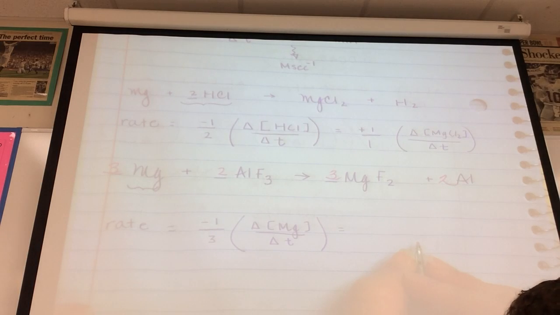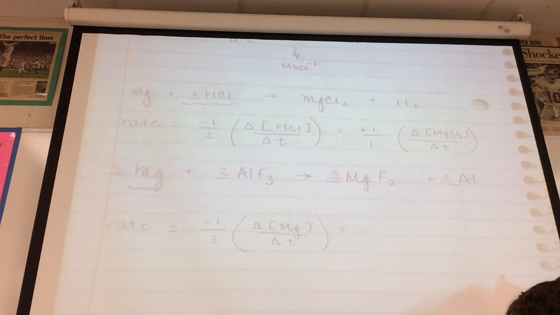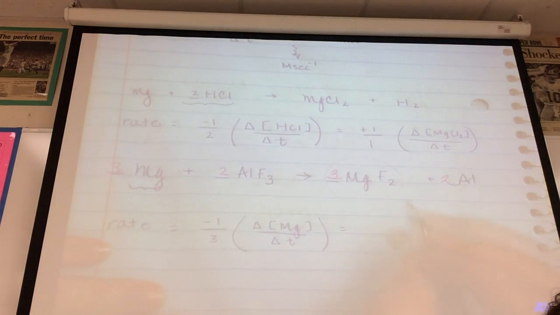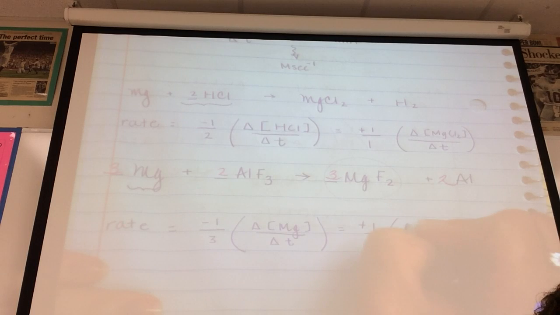And it says appearance of one product. No, it says appearance of a compound. Sorry, reading the wrong one. So that'd be this one. So positive or negative 1? For a product over the coefficient, change in concentration. That wasn't a very good bracket, sorry. My pen slipped.